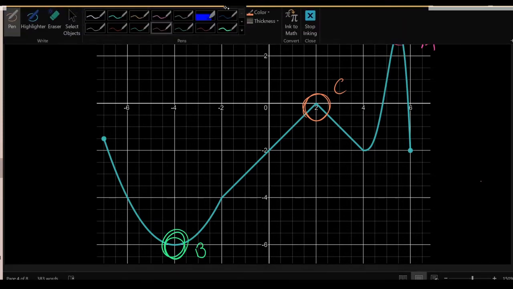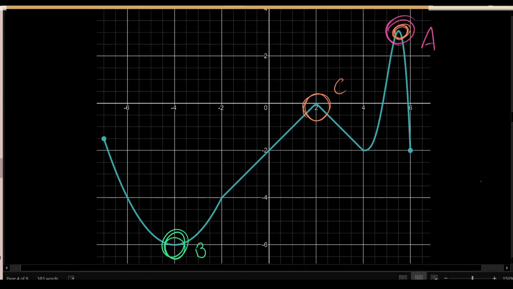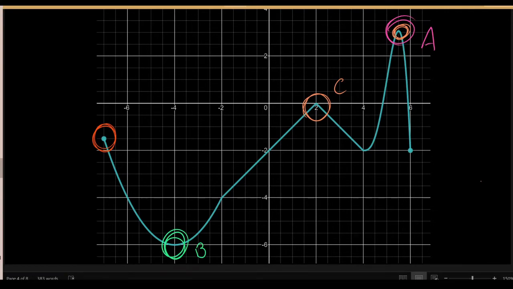Now the next point that draws my attention is this location on the far left side of the graph. This point located right here. By the definition, it does seem like this point would qualify as a local maximum, because that endpoint is certainly higher than every other point nearby.